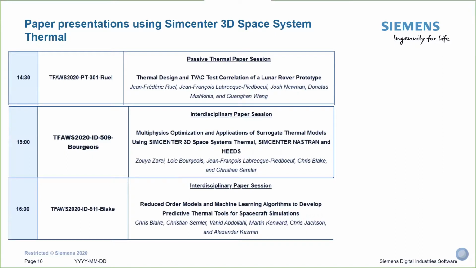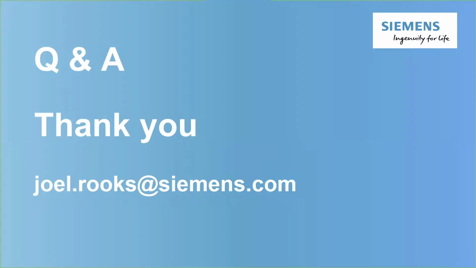It's at 3 p.m. this afternoon. Right after that, in the same session, we have another paper where we talk about some of the strategies that we looked into for creating reduced order models using machine learning algorithms, as well as the HEEDS software, which is an optimization tool that is part of the Siemens portfolio.